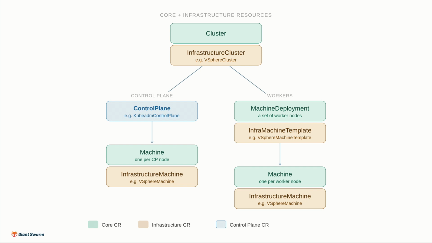Then there is the infrastructure layer, which you can see here in yellow. So this is a provider-specific resource that pairs with the provider-agnostic ones. And in this case, there's the example of vSphere. So in the case of vSphere, you get a vSphere cluster, vSphere machine, and so on. And this infra layer is the one that talks to your actual cloud provider or your hypervisor API.